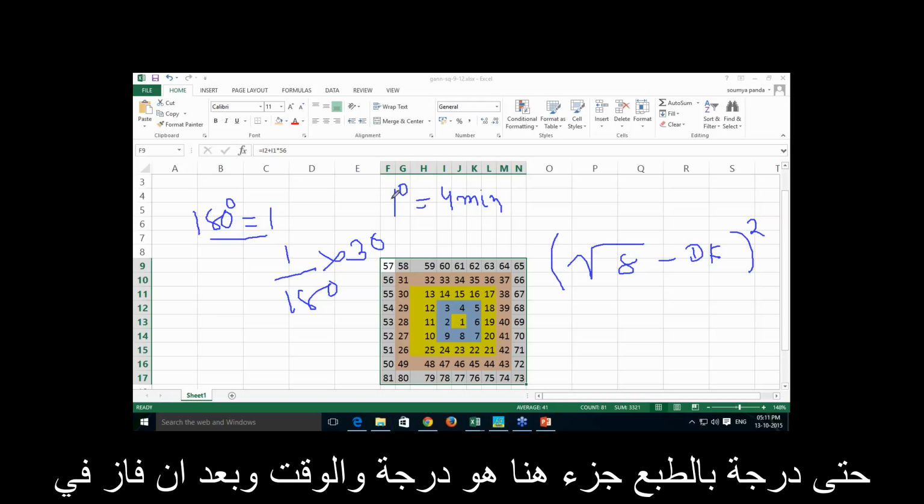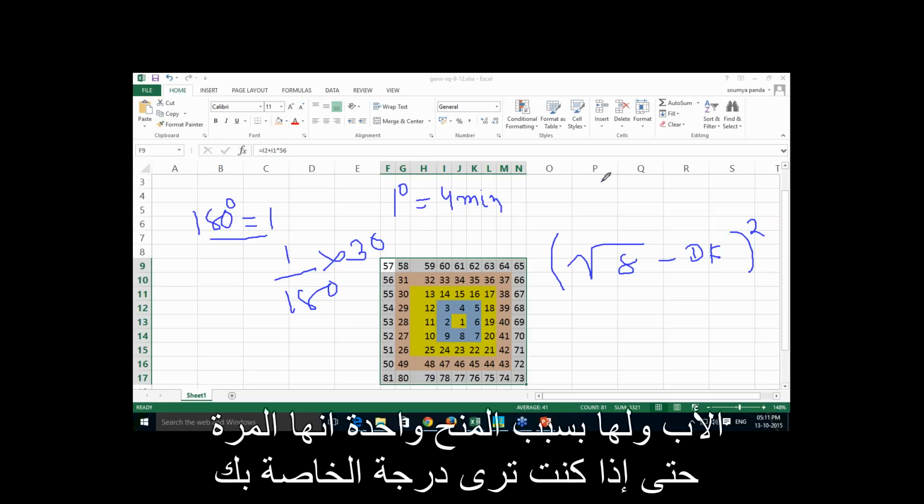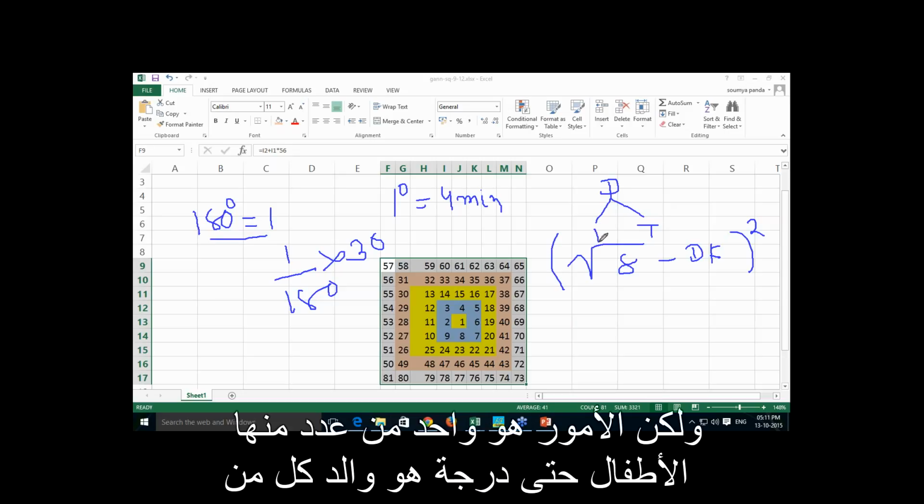So the purpose here is that degree and time have one relationship, and degree and number have one relationship. If you see, the degree is the father and it has two children. One child is time, and another child is number. So degree is the father of both.